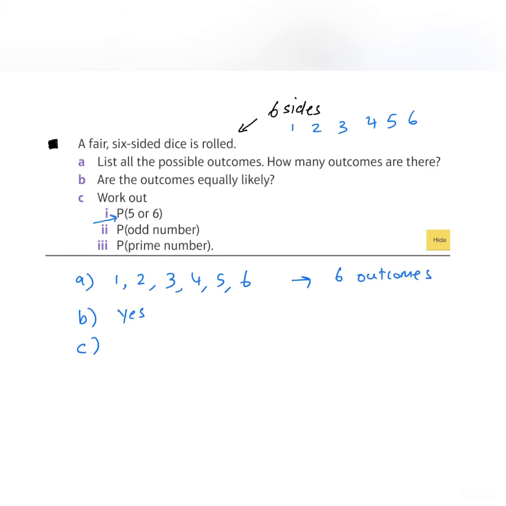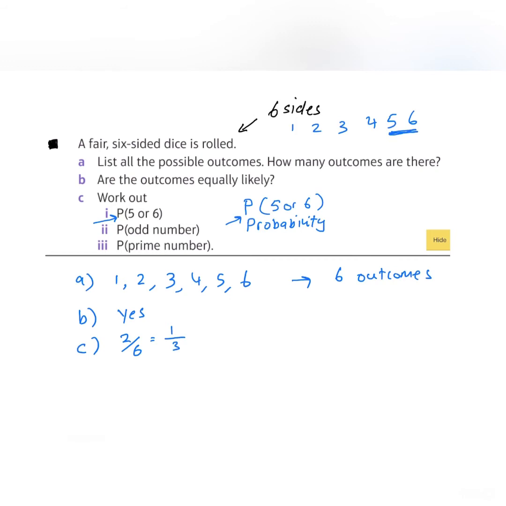When you have P on the outside and 5 or 6, that means this is the probability. There are 2 options out of 6, so that would be 2 out of 6, which is a third. You can leave the fraction in probability as 2 over 6, you don't have to cancel it down, but if you like to cancel it down, it will be 1/3.